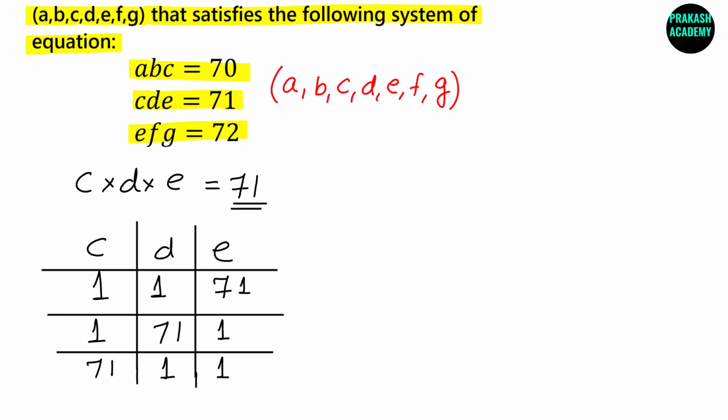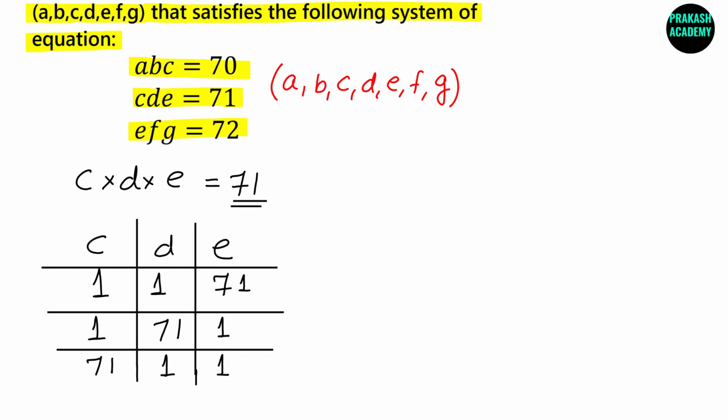Now some of the cases can be ruled out. Why? Because the first equation says abc is equal to 70. Now if I consider this solution, that is 71, 1, 1, in this case c is 71.